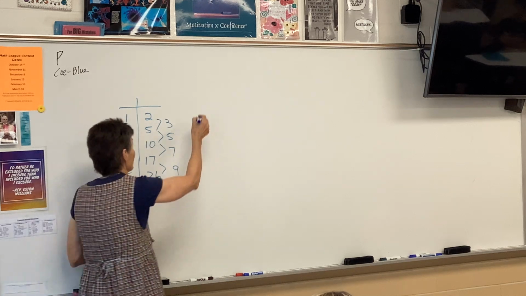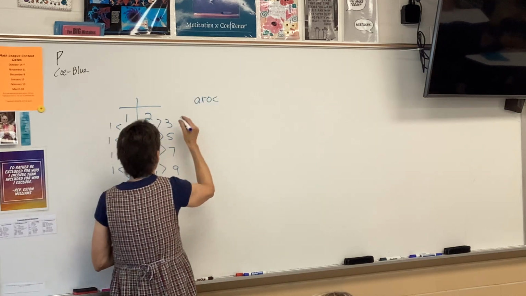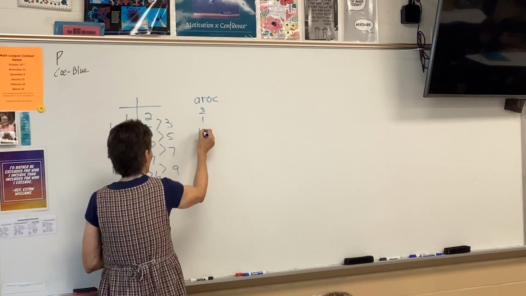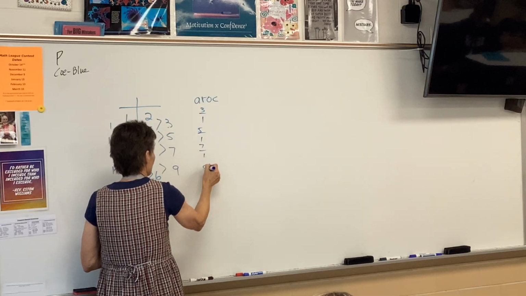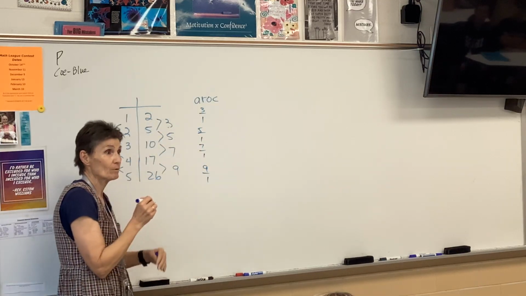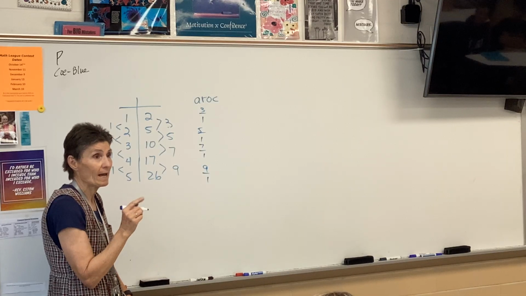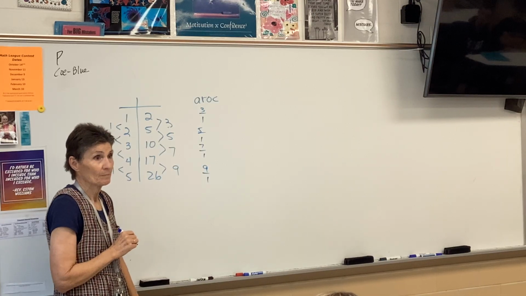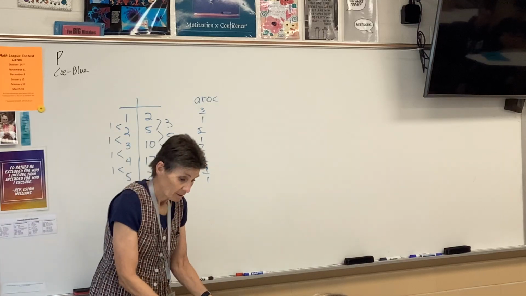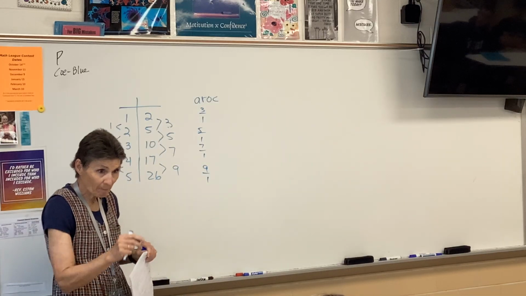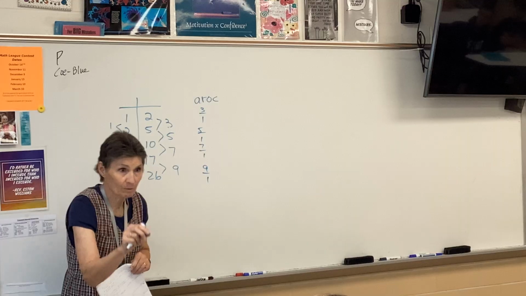Okay, so let me look at my average rates of change now. It's going to be 3 over 1, 5 over 1, 7 over 1, and 9 over 1. Those are my average rates of change. Now, what is happening to my average rates of change? They are increasing by the same amount.